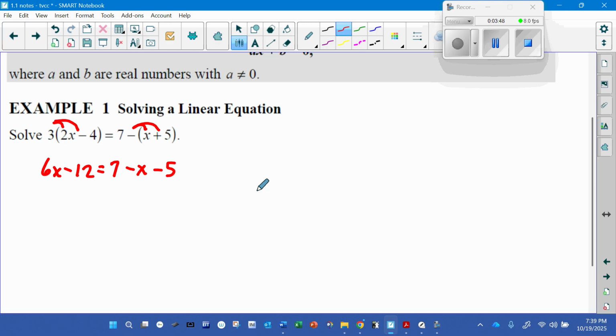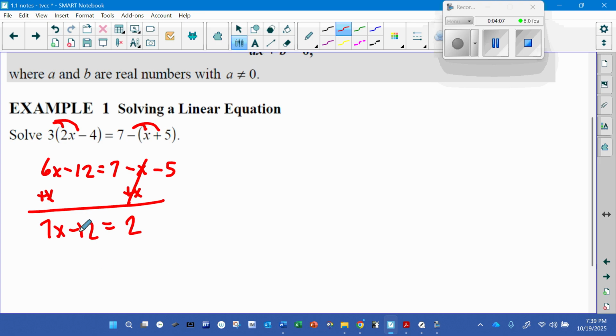All right, so now we can start applying those properties. I have an x on both sides, so I'm going to add this x over here with this x. That gives me 7x minus 12 equals, that one canceled out, so 7 minus 5 is 2.